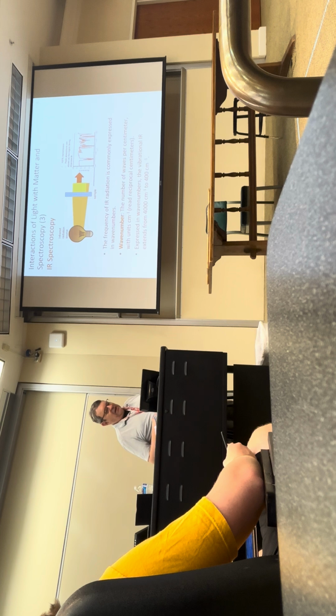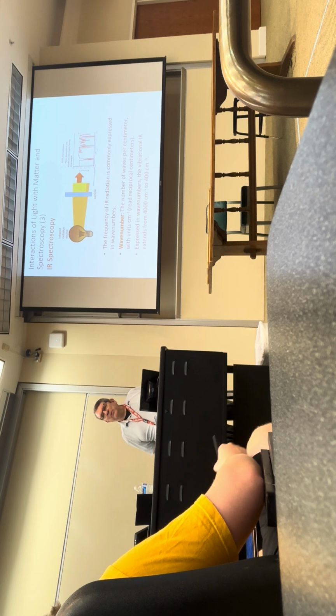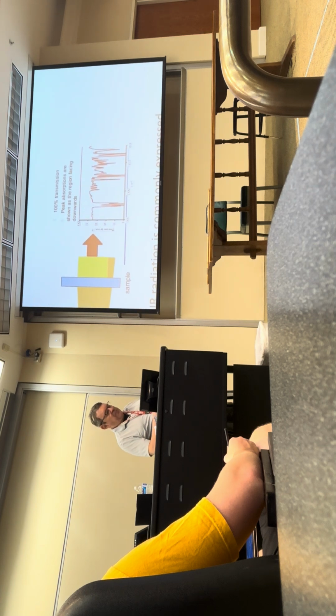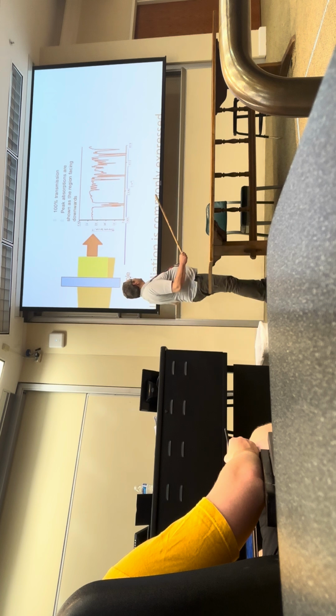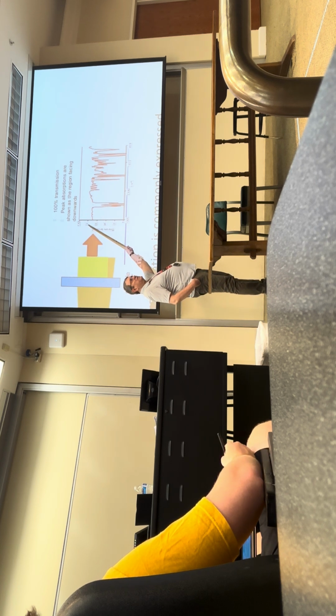But having said that, again, it's a very simple experiment to rationalize. You take a UV source and you shine it through the sample, and it hits a detector after it passes through the sample. And what you're looking at is where the photons are being absorbed. Now the typical IR spectrum is kind of drawn in a weird direction for that. In organic chemistry, they tend to have 100% transmittance.